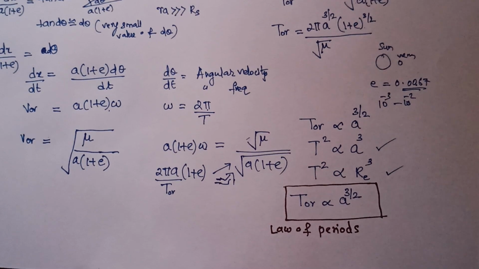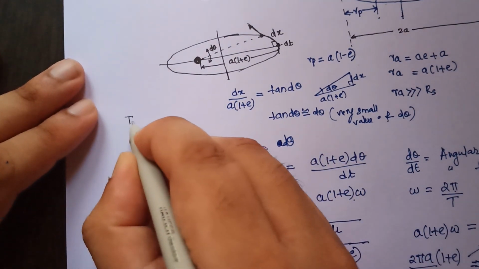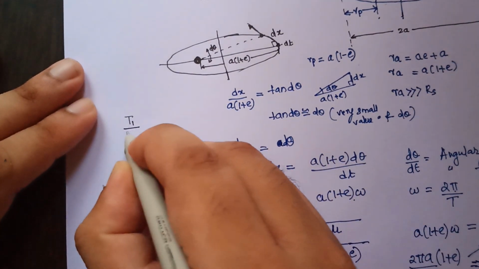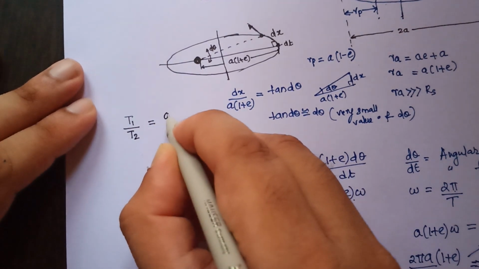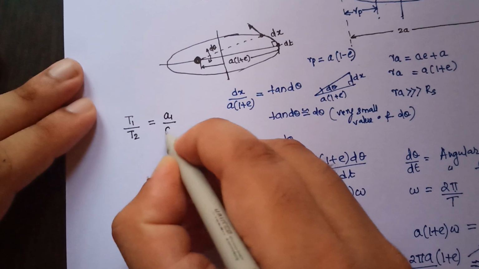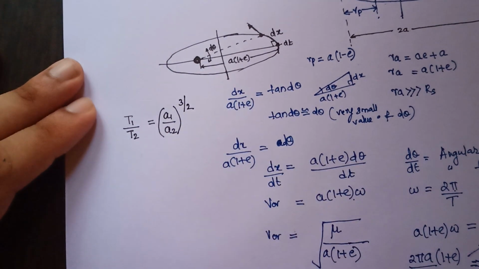The basic practical approach astronomers use is this: let's say we have the time period of one planet and the time period of another planet. If we know the position of one planet and we don't know the position of the second planet, we can find it with this equation.